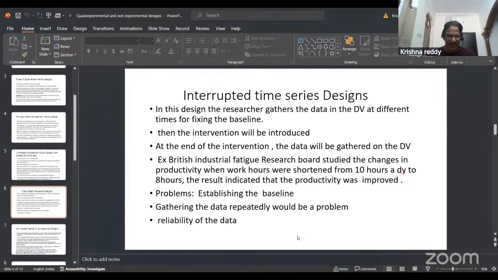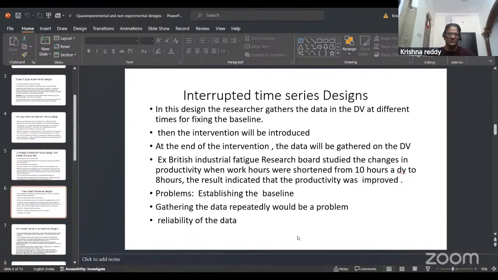You know pretty well about the learning. If you consider the students of the schools, if he is in class 8, his standards may not be matching what is expected from class 8, because a student is just promoted irrespective of the standards. So in order to understand how to improve these things, we try to have this kind of interrupted time series design wherein you are trying to fix the baseline.